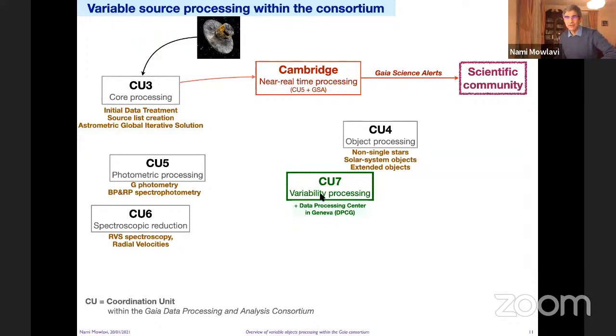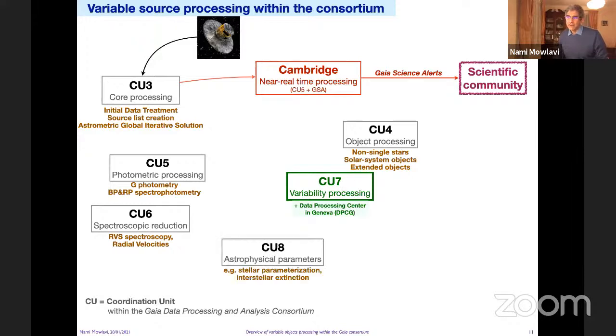And it is also located in Geneva, where the core team of the CU7 is also located. The fact that these two centers, Coordination Unit 7 core and the Data Processing Center, are at the same place gives a huge benefit to the interactions between these two entities and the resulting efficiency of data processing.